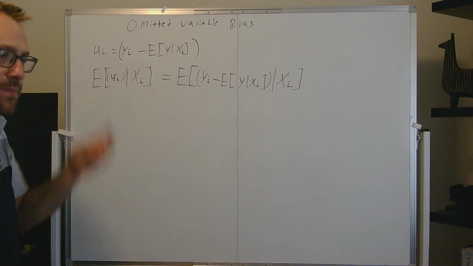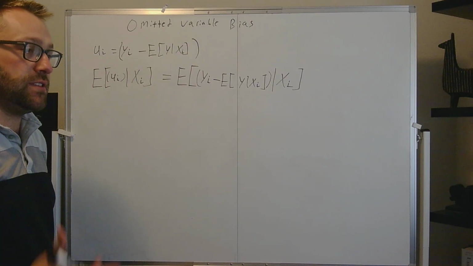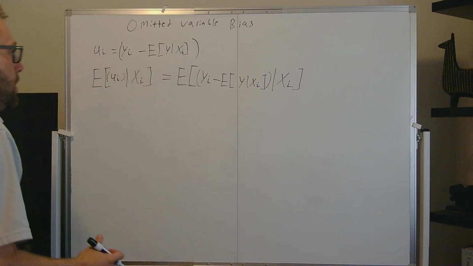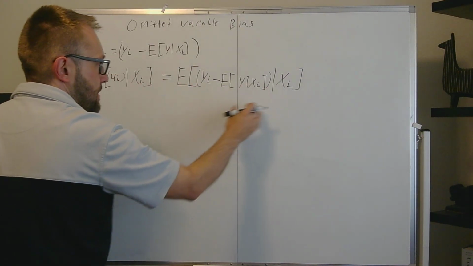It's a conditional expectation operator, because we're taking this on the condition that we're given some xi value. So now I want to focus on the right hand side and simplify.